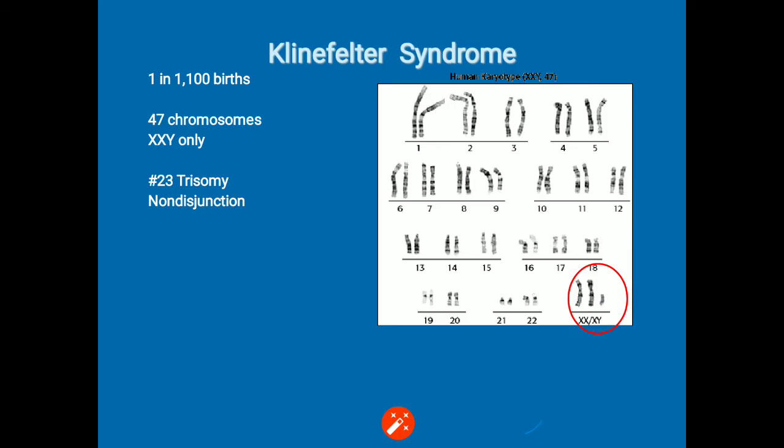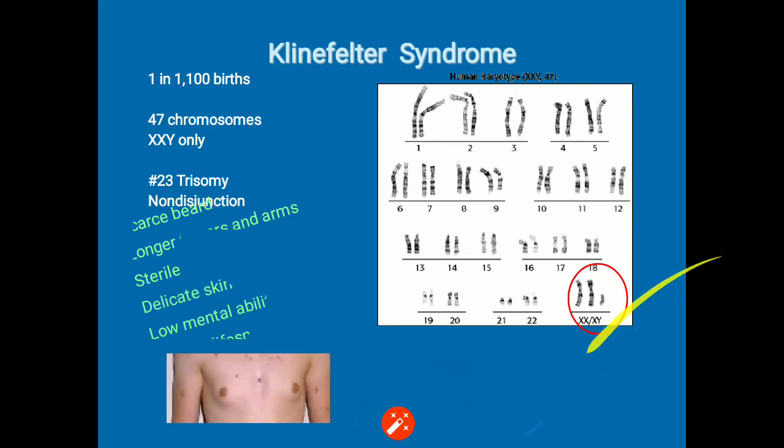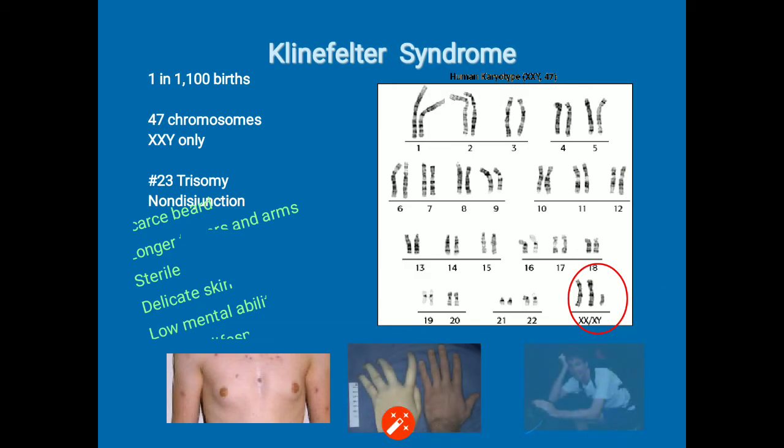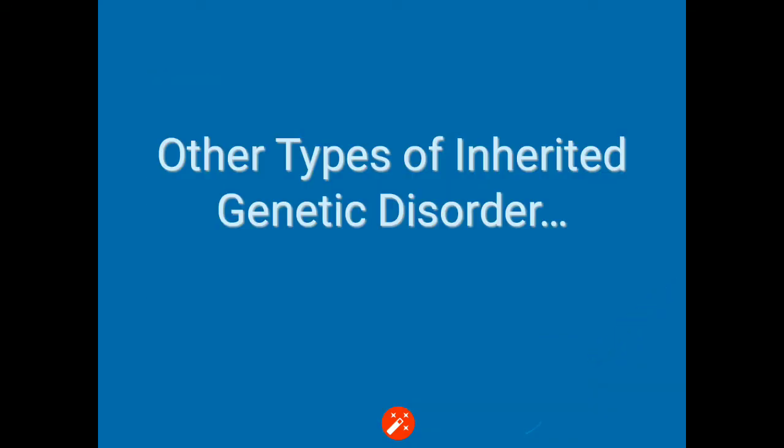So at the 23rd position of chromosome there is a trisomic condition. It is a male individual who is sterile with feminine characteristics. We have already discussed in the audio clip, with low mental ability and sterility, and they have shown it in the picture, and they are of tall stature.